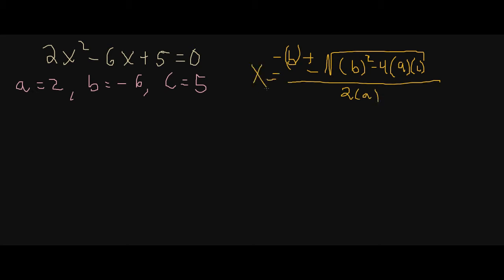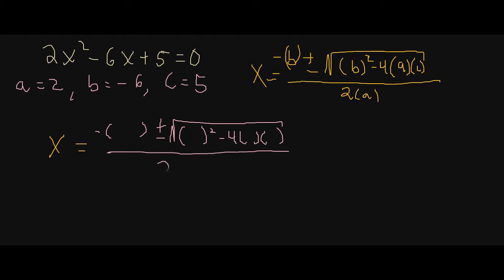Now let's go ahead and solve it. Let's plug our values in and solve for this problem. What I love to do in these problems is leave a blank in there, so I'll write negative, plus or minus the square root of b squared minus 4ac, all divided by 2a. Now that I have these values, I will plug them in.